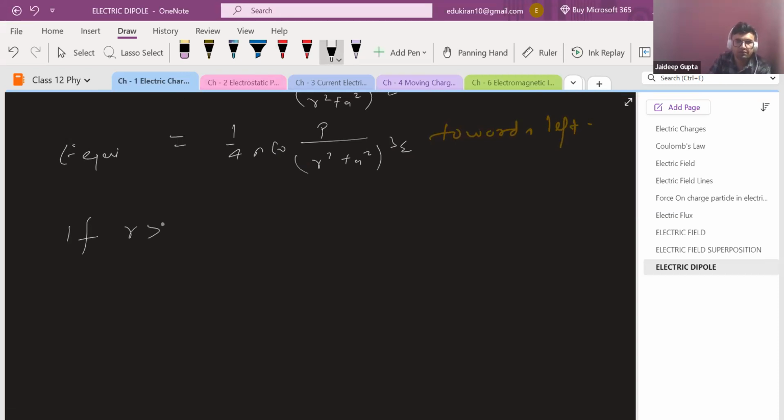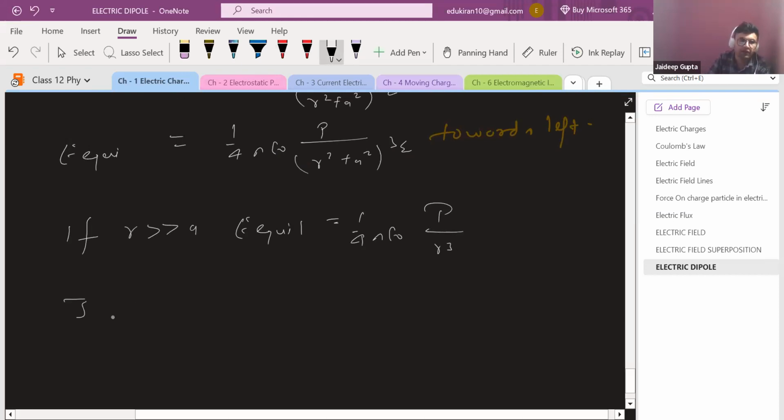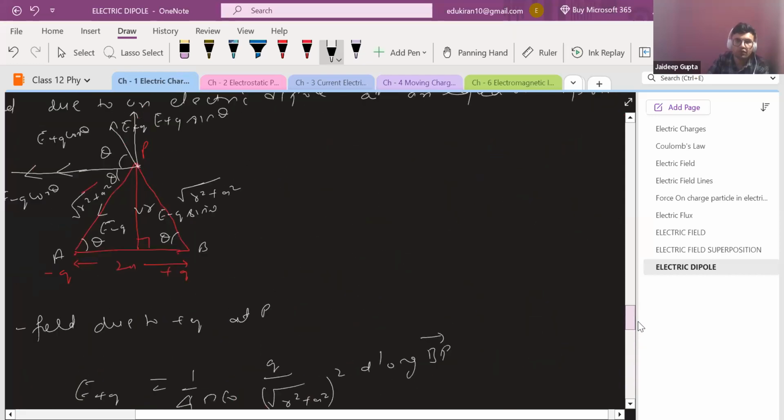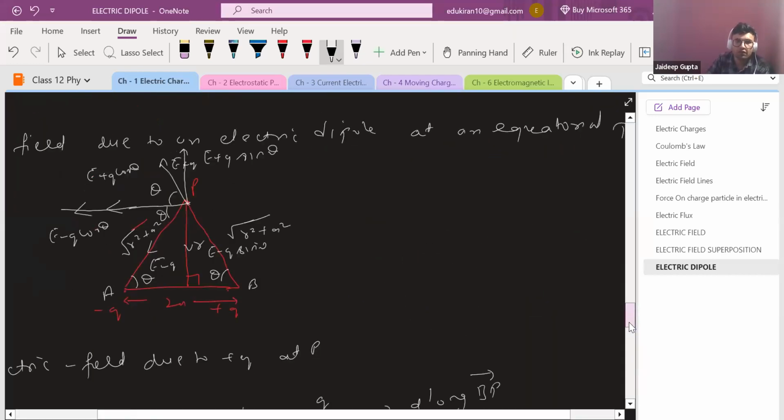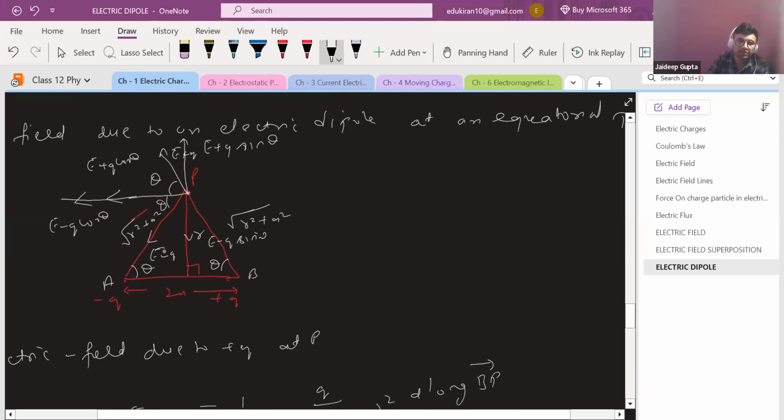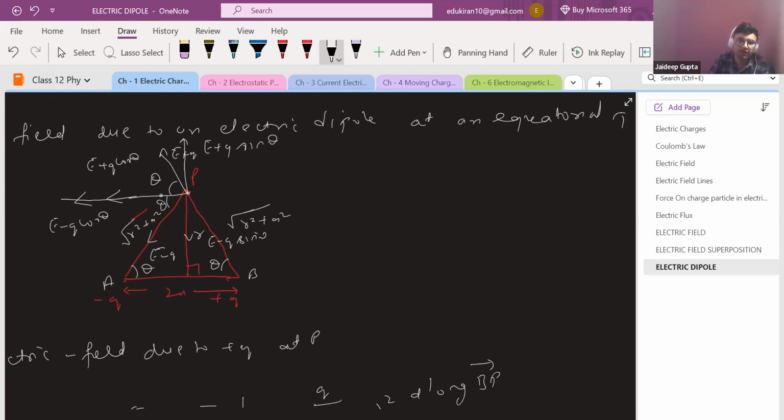If R is much greater than A, then E equatorial equals 1 over 4 epsilon P over R cube. And in vector form, look, the direction of electric field is towards right, and the dipole moment is from negative to positive, means towards right.